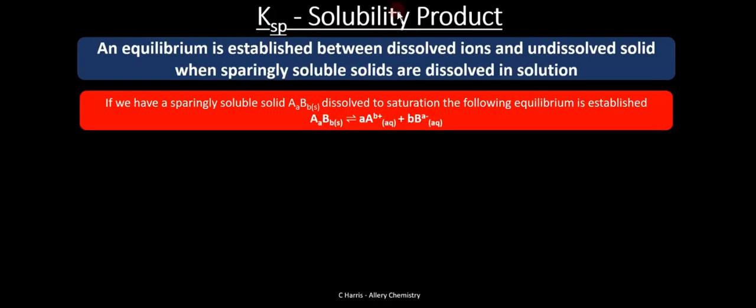So if we have a sparingly soluble solid AB dissolved to saturation, the following equilibrium is established. Your A and B ions are going to be hydrated. So A_aB_b(s) ⇌ aA^b+(aq) + bB^a-(aq). I hope you understand where the b+ and the a- are coming from.